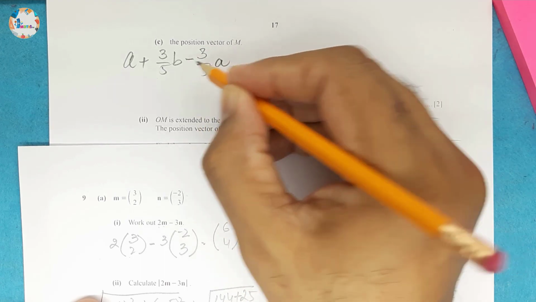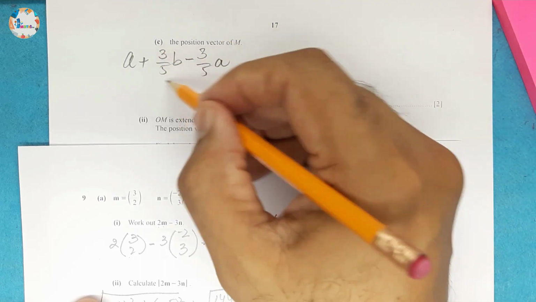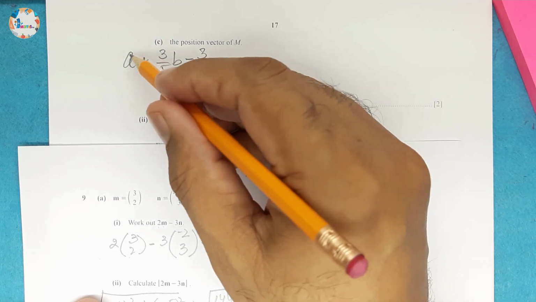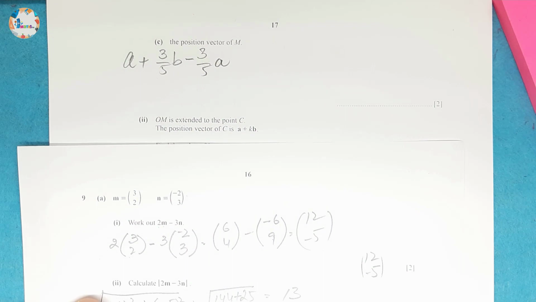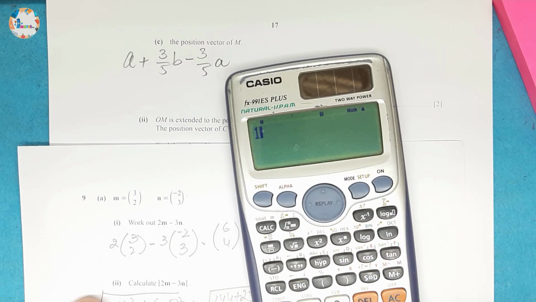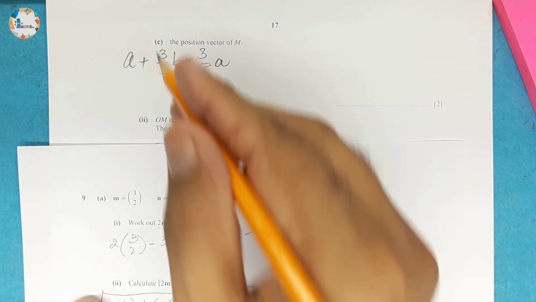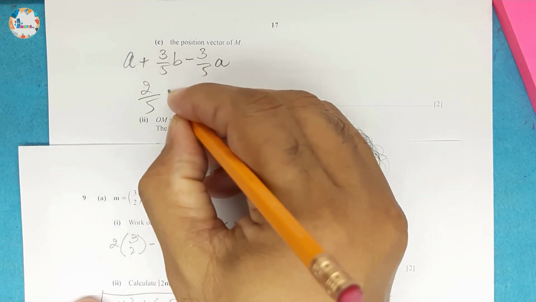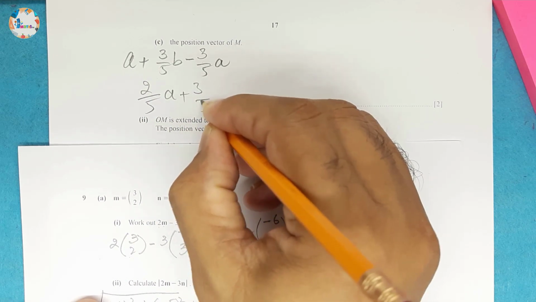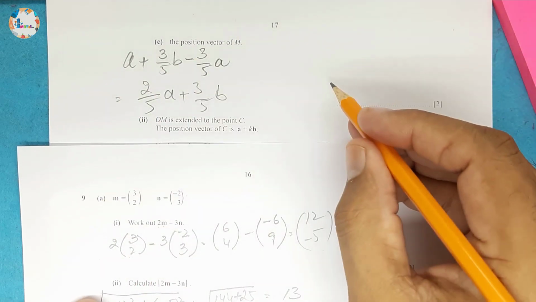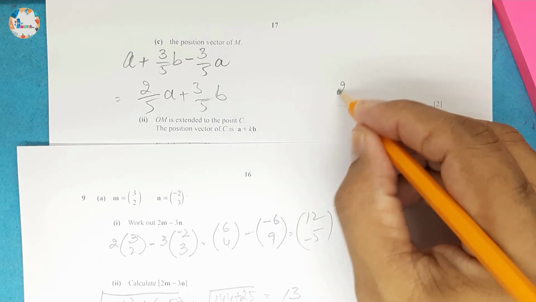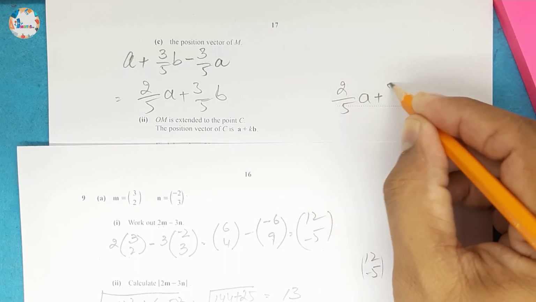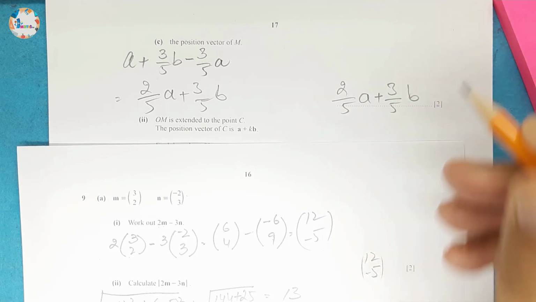Now we have to simplify this, because this is b, we can separately write this, and this we can simplify. This is 1a, 1 minus 3/5, we can check with the calculator, 1 minus 3/5 will give us 2/5, so we can write 2 by 5 a plus 3 by 5 b. This will be our answer, and we can provide it over here. 2 by 5 a plus 3 by 5 b. This will be the final answer.